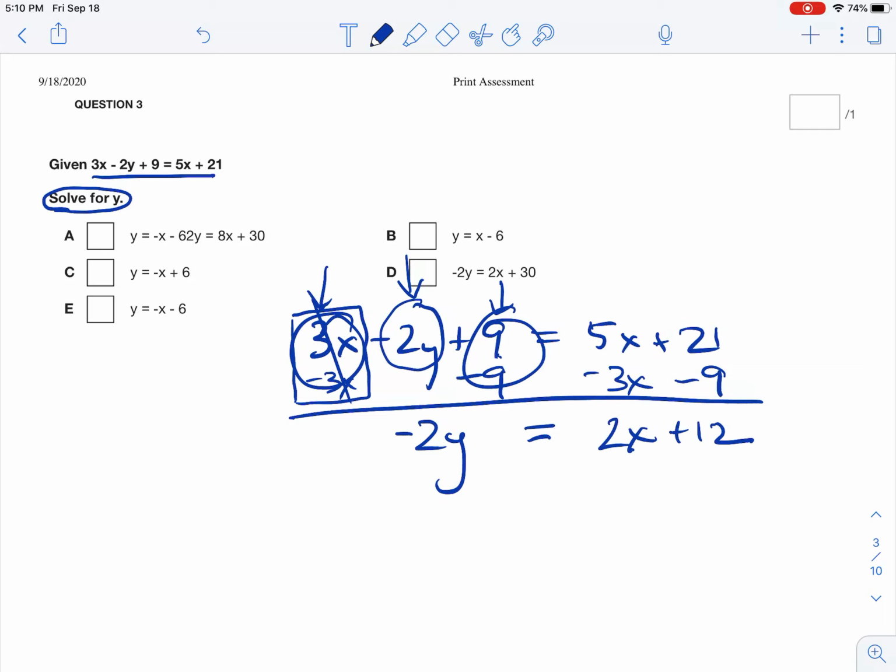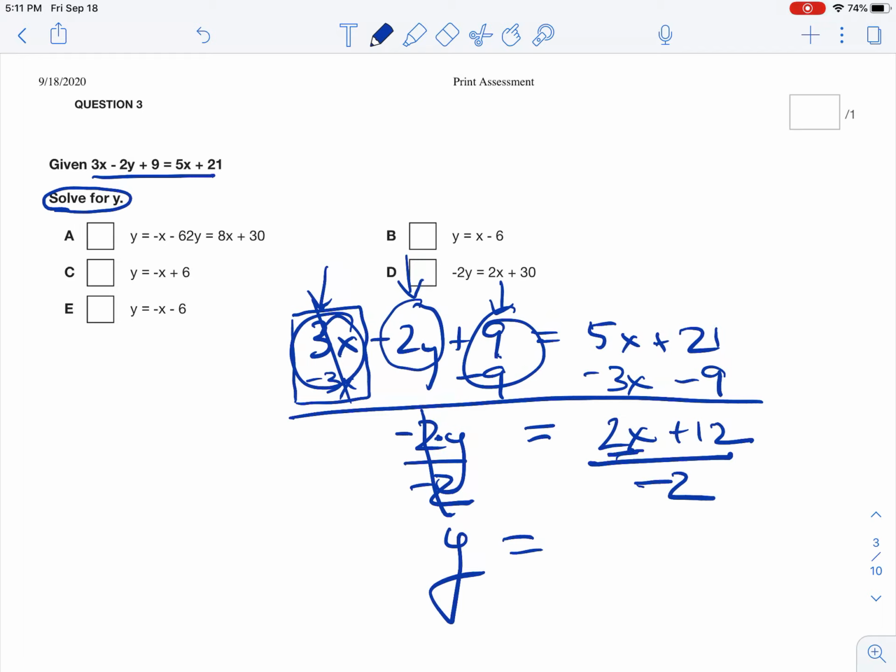So what that means then is I need to get rid of this coefficient in front of the y, get rid of the negative 2. So I divide by negative 2, and I'm going to divide the whole expression on the right by negative 2. Good news again, that cancels. I'm left with y. And then I'm going to break this from a complex fraction into something that's individual and less complex and easy to simplify.